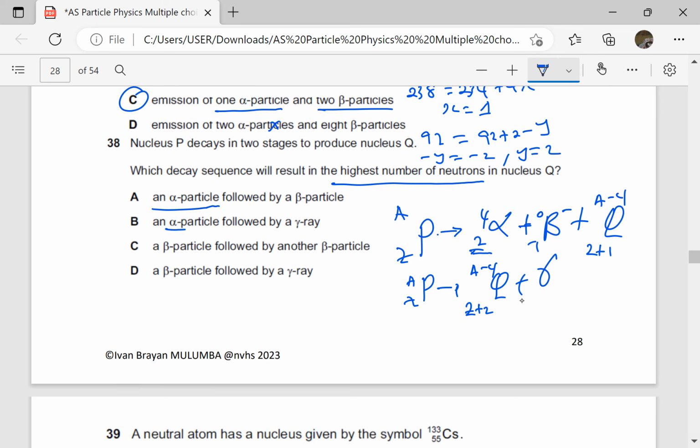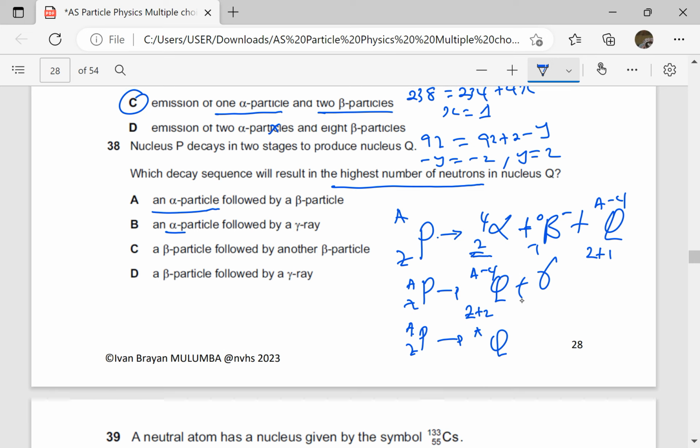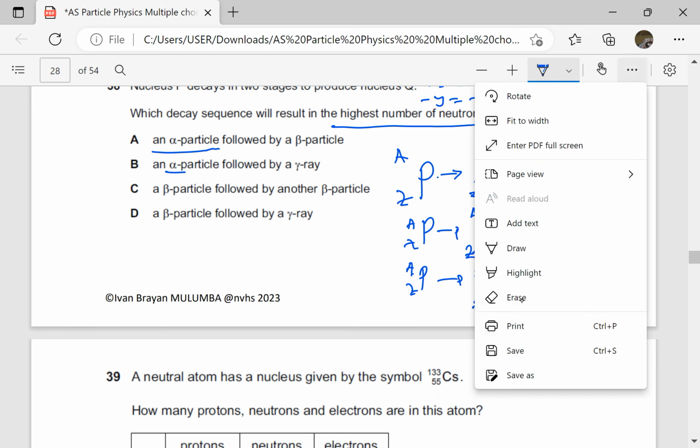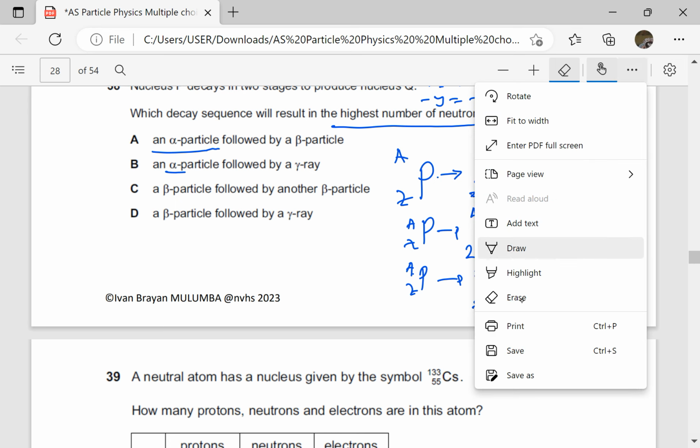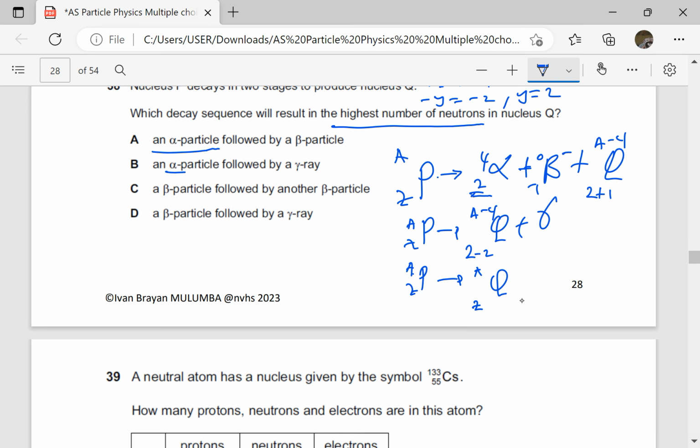If it is a beta particle followed by another beta particle, it means P, which is A Z, will be Q. A does not change, and Z is plus, not minus 2. It is Z plus 2, not minus 2, because an alpha particle is what reduces the proton number by 2.